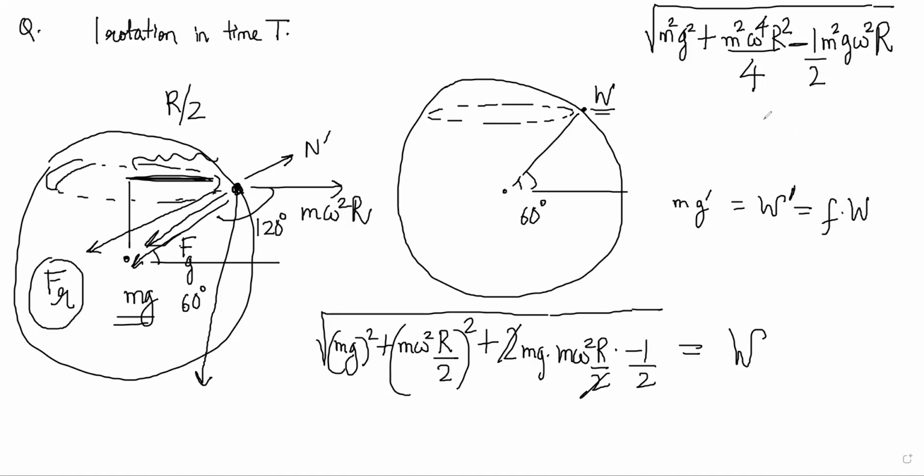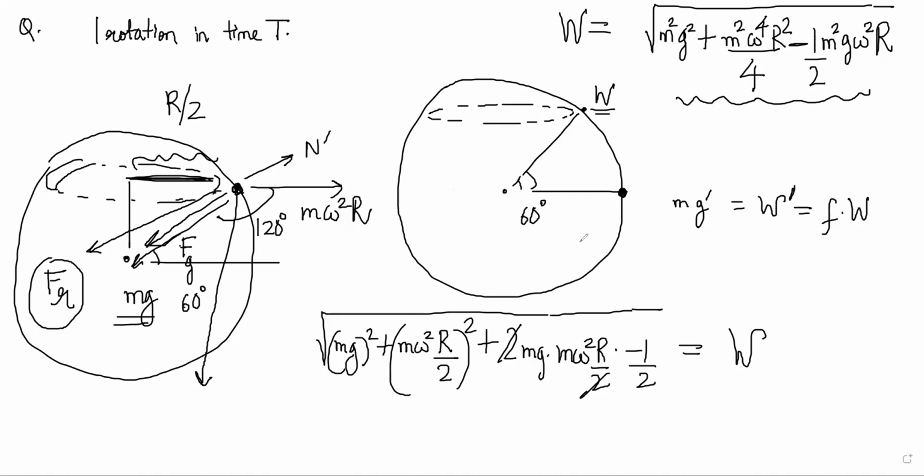This is the value of my... one second, let me just think. There is no calculation mistake, no? M square g omega square r, correct, right? Yeah, makes sense. So this comes out to my W, right?